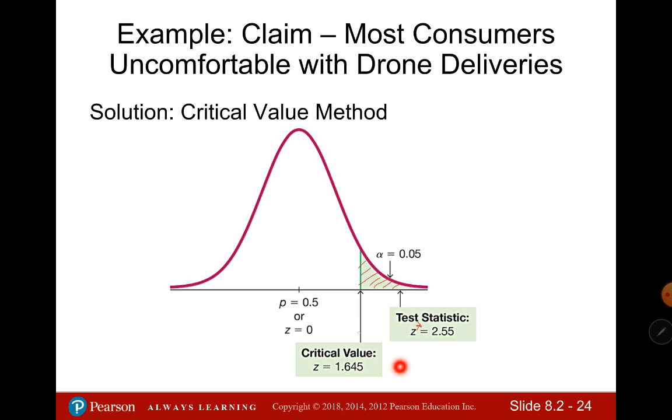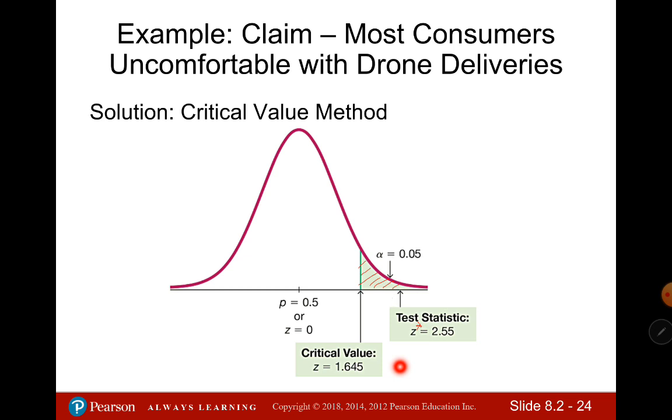The critical value separates the whole curve into two parts, and the green part is the reject region. If your test statistic falls in this green region, then we should reject.